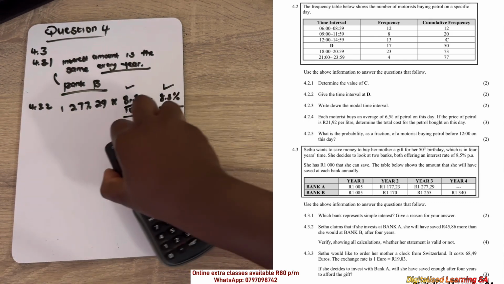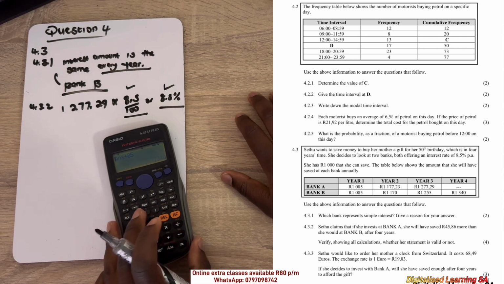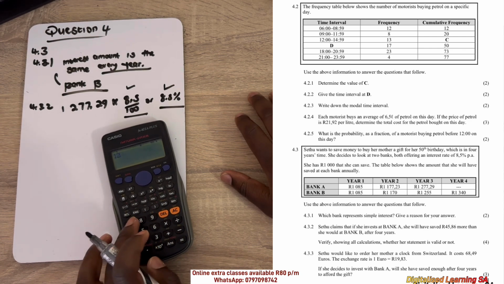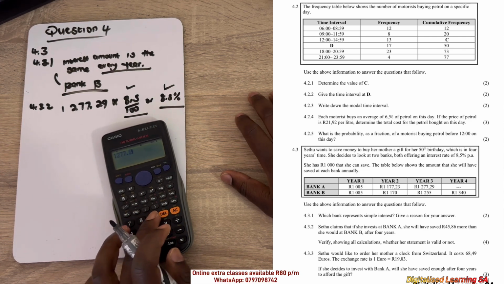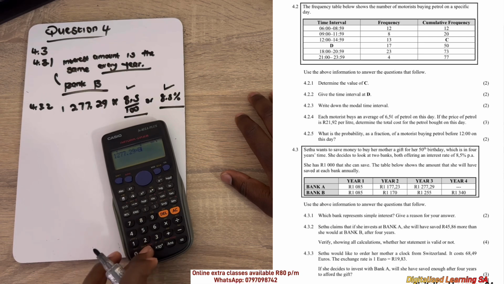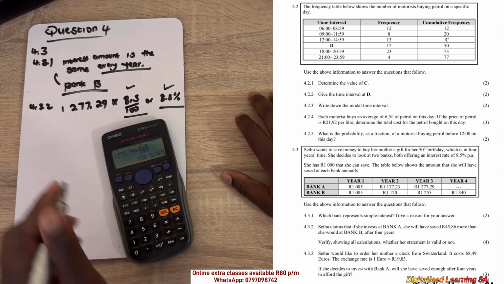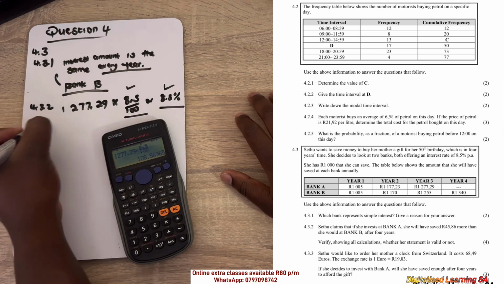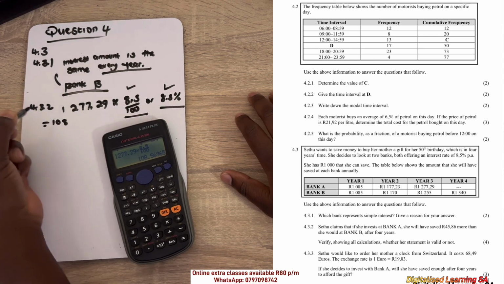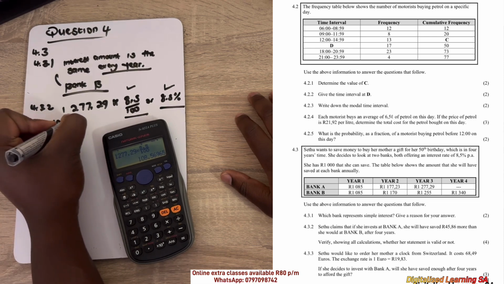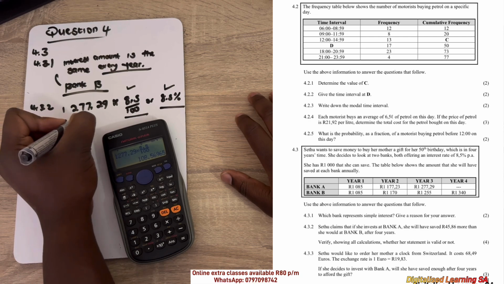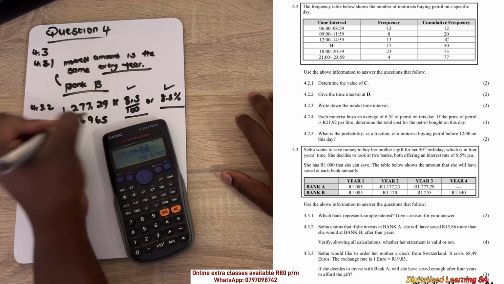Okay, so now let's calculate the interest that she's going to get in year 4. We just plug this on our calculator: 1,277.29 multiplied by 8.5 divided by 100. We can see that she's going to get interest of 108.56965.